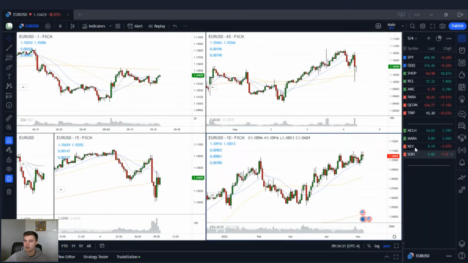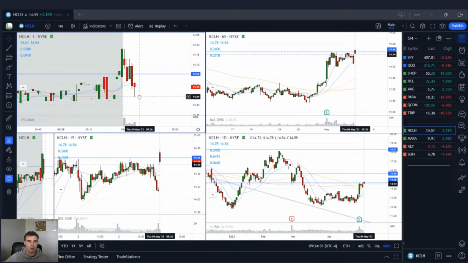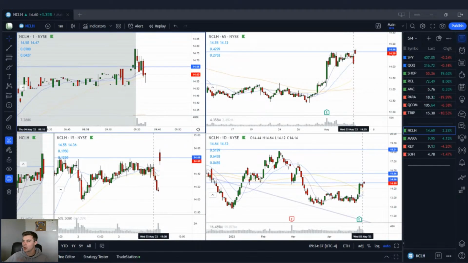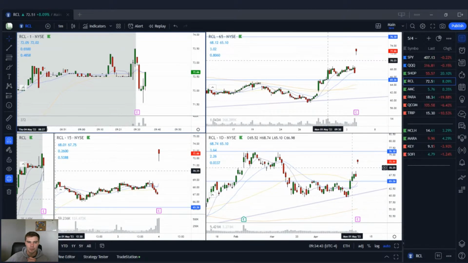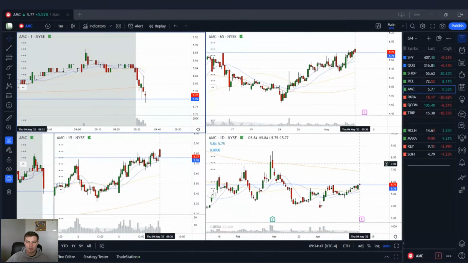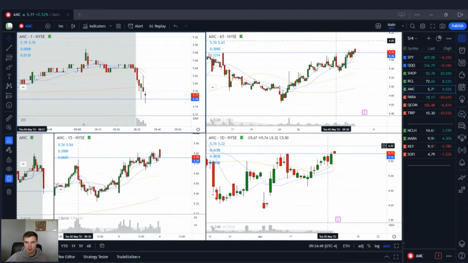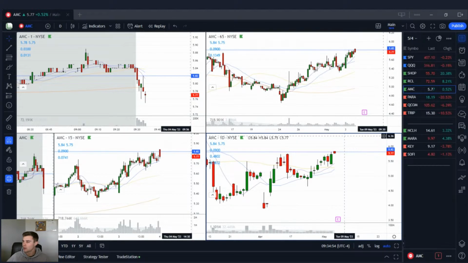Oops. Get back to my list here. So NCLH pulling in still. RCL putting in a little bit of a bottoming tail. So still doing good on range with the RCL, so that's nice. AMC pulling in a little bit more than what I want to see.